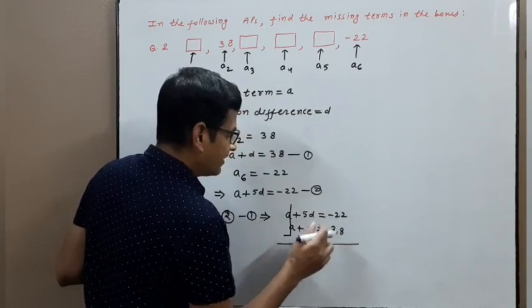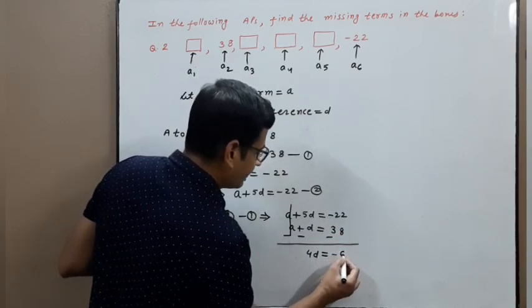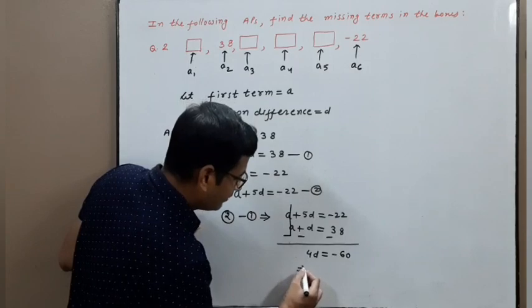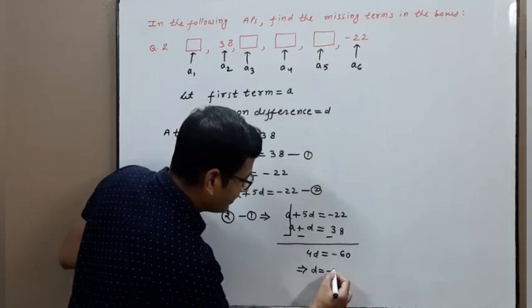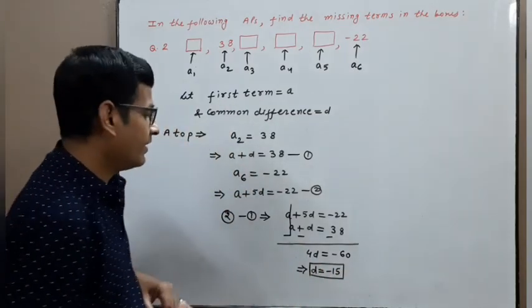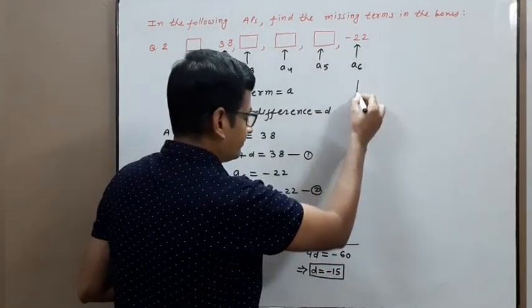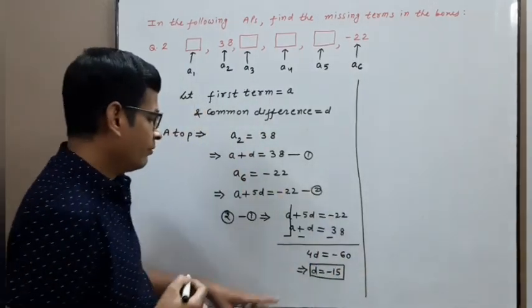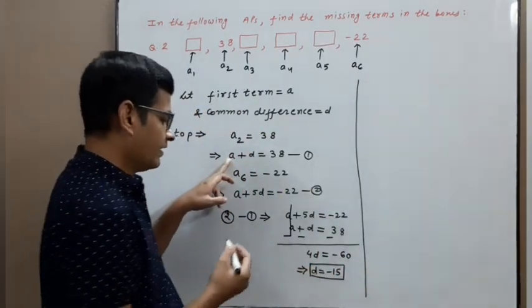Minus 22 minus 38 is minus 60. So D equal to minus 15. So we get the common difference. Now find the first term. Put D equal to minus 15 in equation 1.